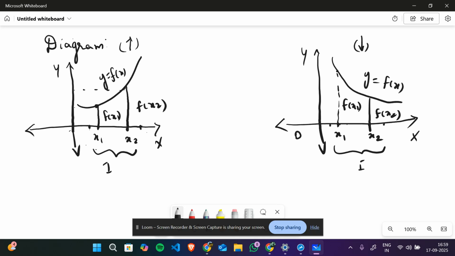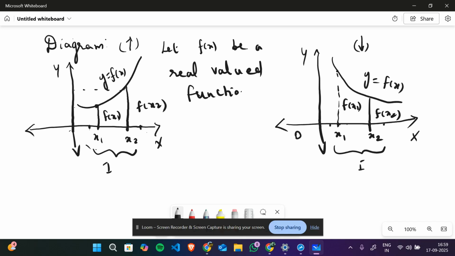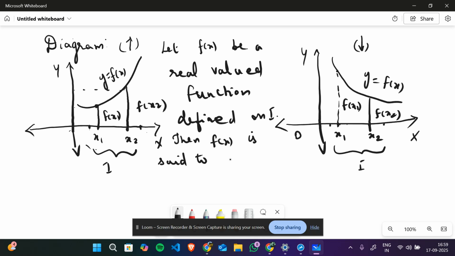Now, let the function f of x be a real valued function defined on the interval I. Then, f of x is said to be an increasing function. What's the condition?